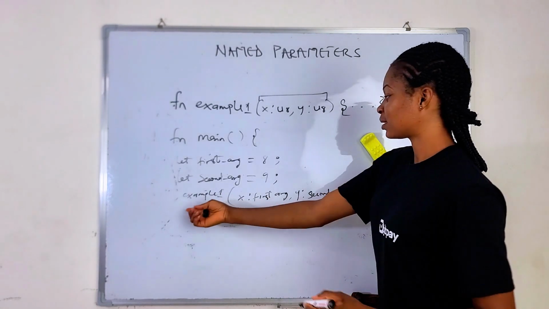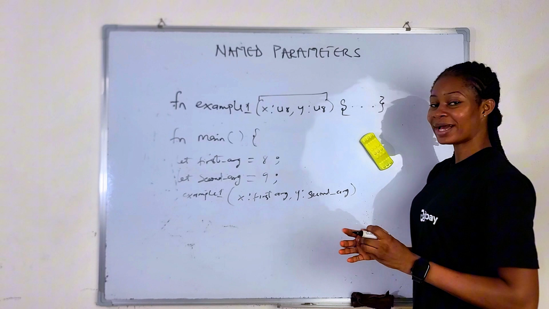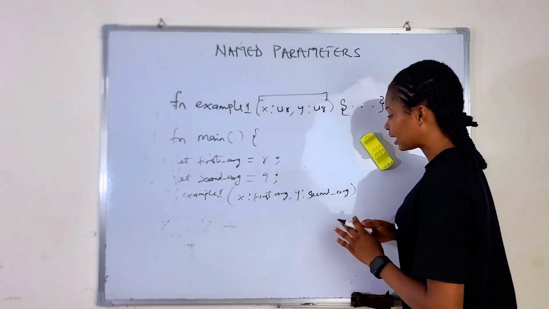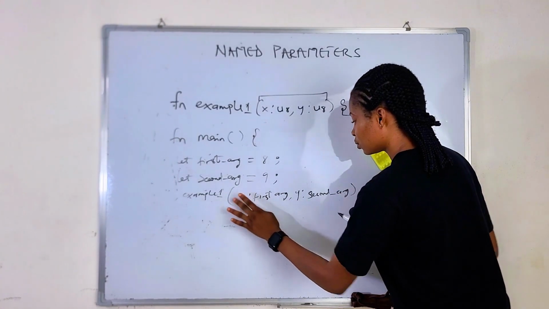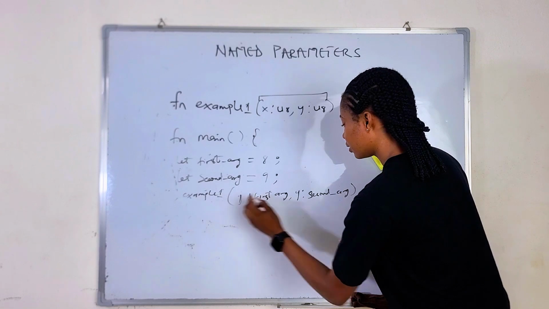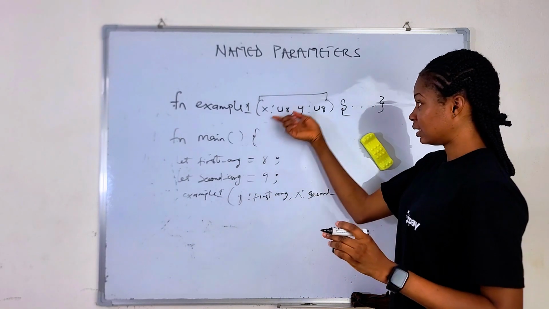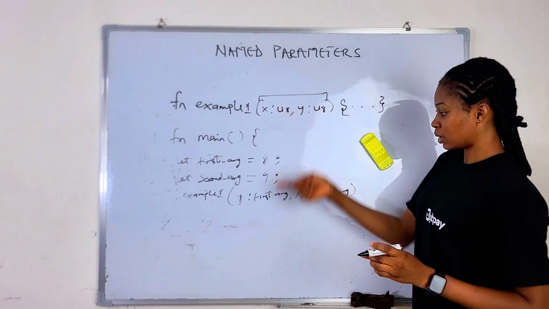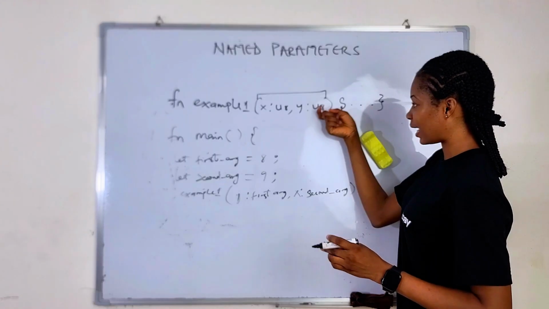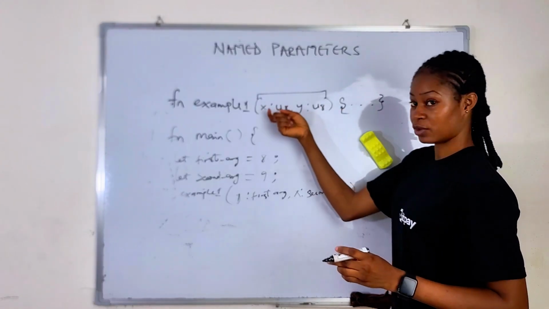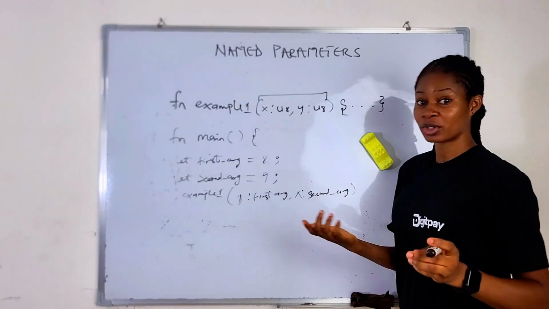So this is what a named parameter is like. Why this is interesting is I can decide to say y and x, and automatically first arg would be used for y and second arg would be used for x. That is why it's important.